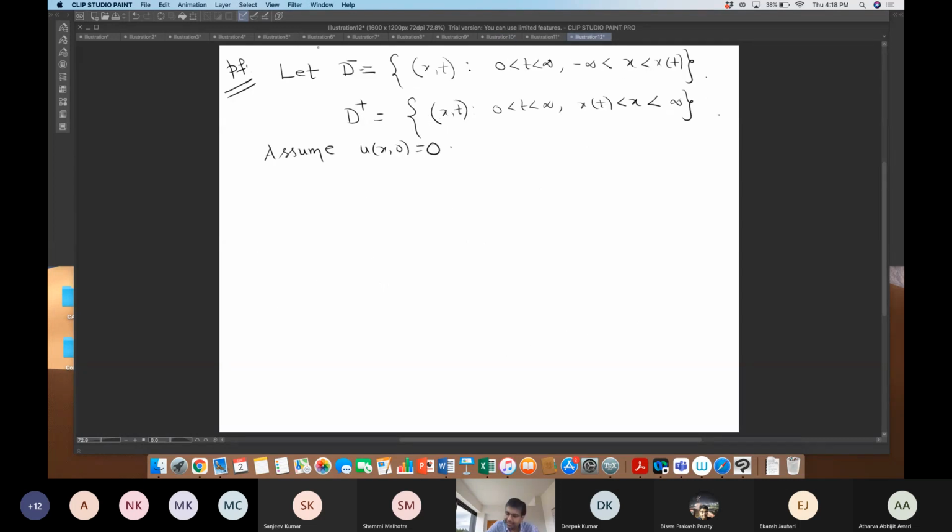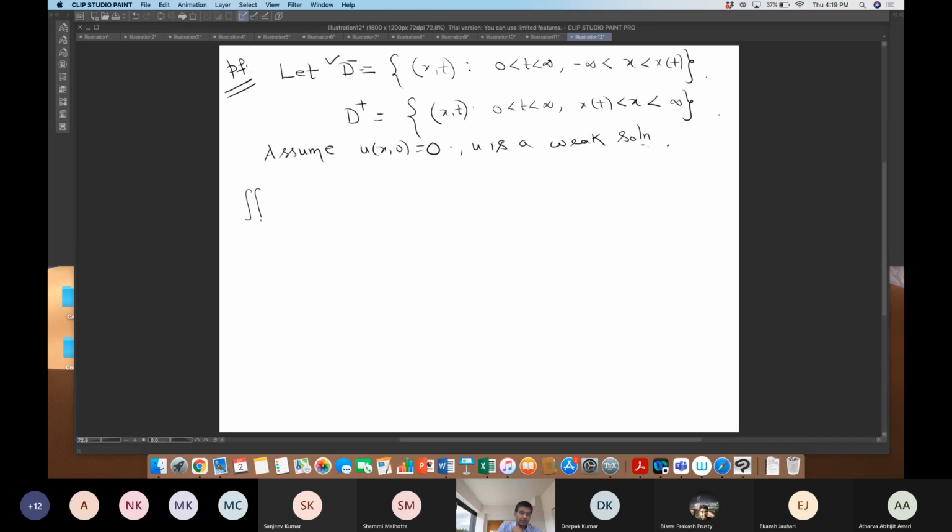Okay. Now tell me, in D minus, U is also a weak solution. What can you do now? If U is a weak solution in the whole domain, then U is also a weak solution in D minus, or not? Yes, sir.